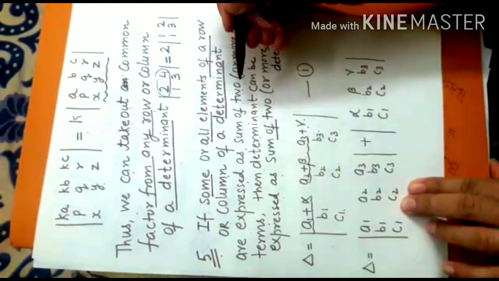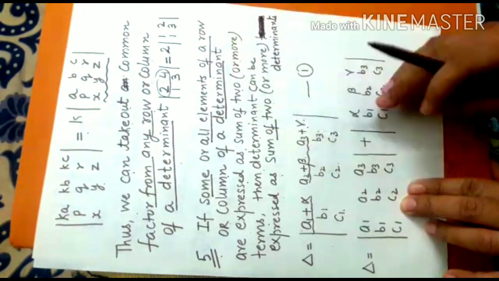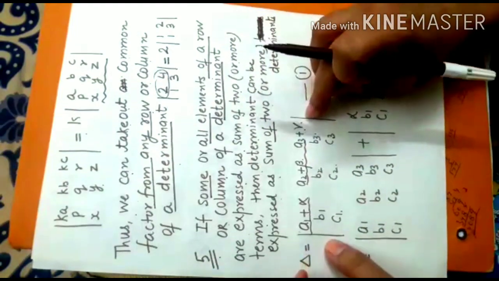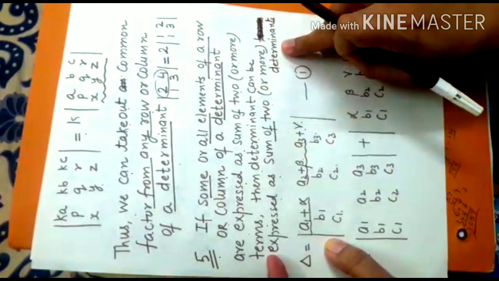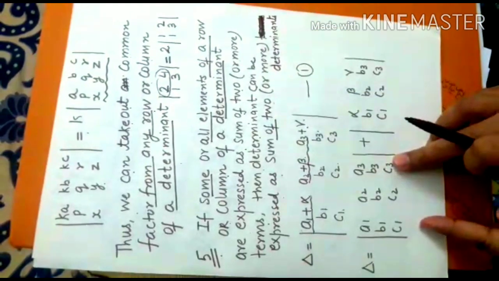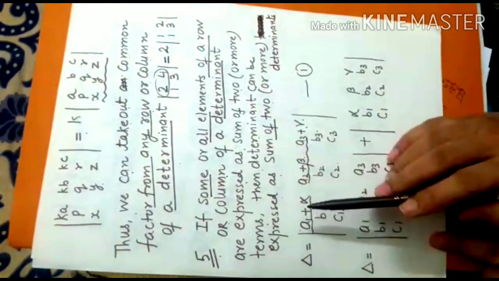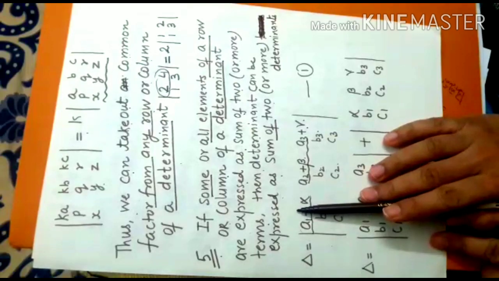So the fifth property says that I can express this determinant as the sum of two determinants. And what are those two determinants? I'll break this determinant at this point.